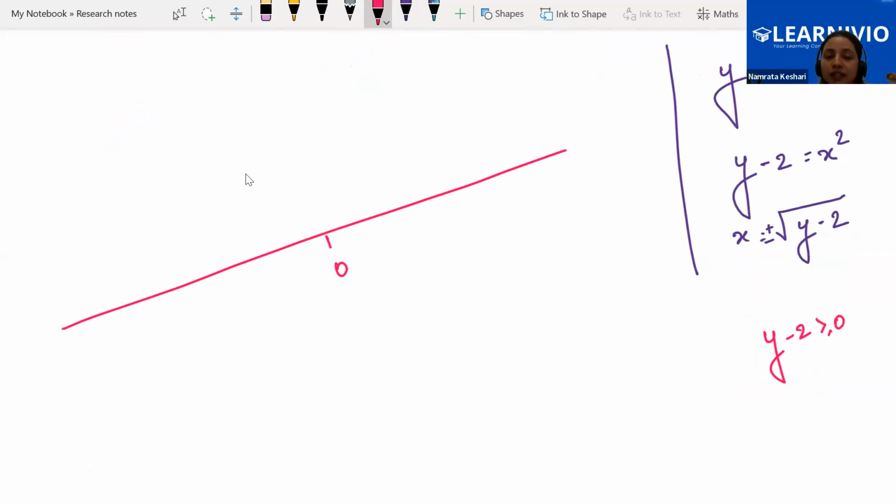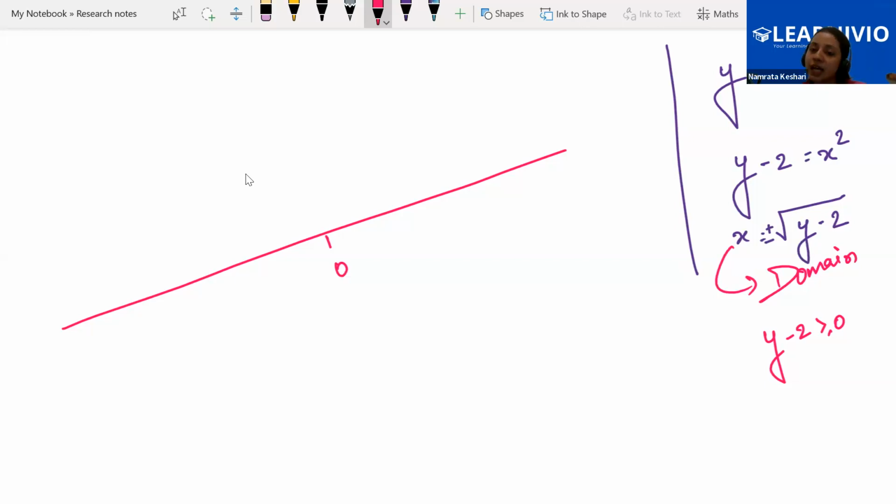Because it is inside the square root. Write your equation by making x the subject, that means x on one side and everything on the other side. Now start thinking like a domain.